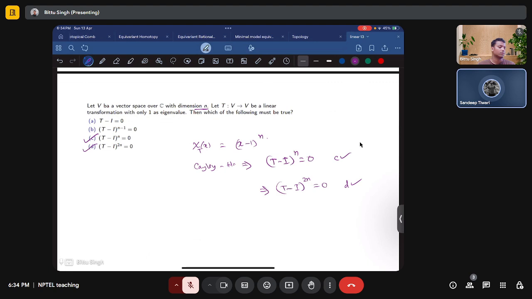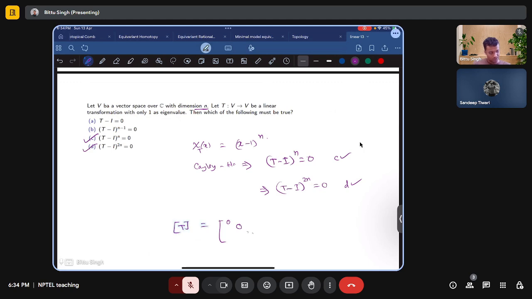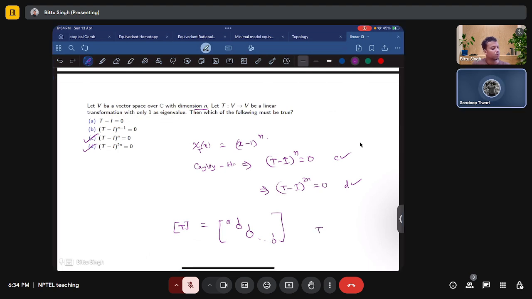Sir, for B and A, we can take a matrix whose diagonal entries are 1, 1, 1, as an upper triangular matrix. We can take this Jordan form, right? For example, let us take this 0 and put 1 above those things. So from here it is clear that then eigenvalues will not be 1, sir.